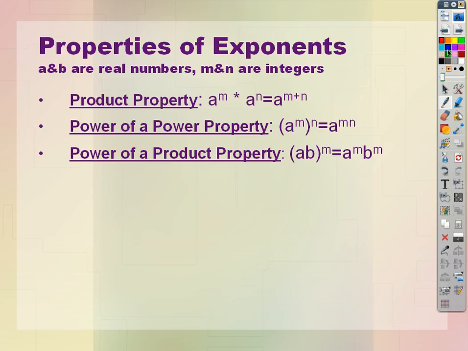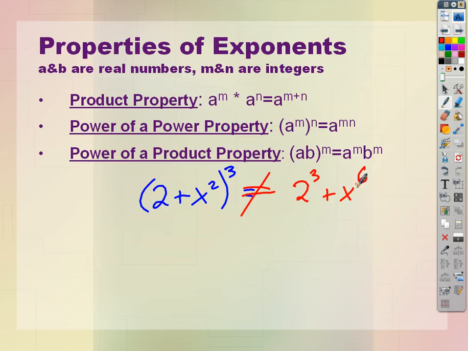Here's the dangerous one. What if I've got 2 plus x squared cubed? Okay, no. It is not equal to 2 cubed plus x to the sixth. It's much harder than that.